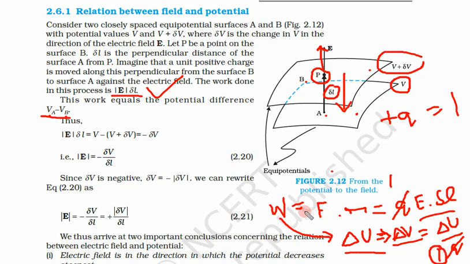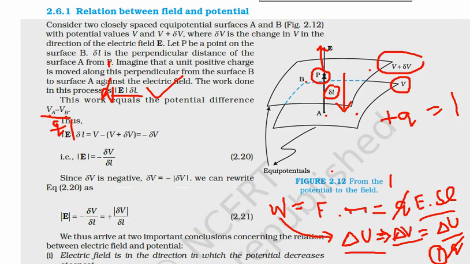Why are potential energy and potential the same? Because charge is unit. Why are work done and this EDL equal? Because here Q is 1. Again, why are the potential energy and potential equal? Because charge Q is equal to 1. In both the cases it is 1.